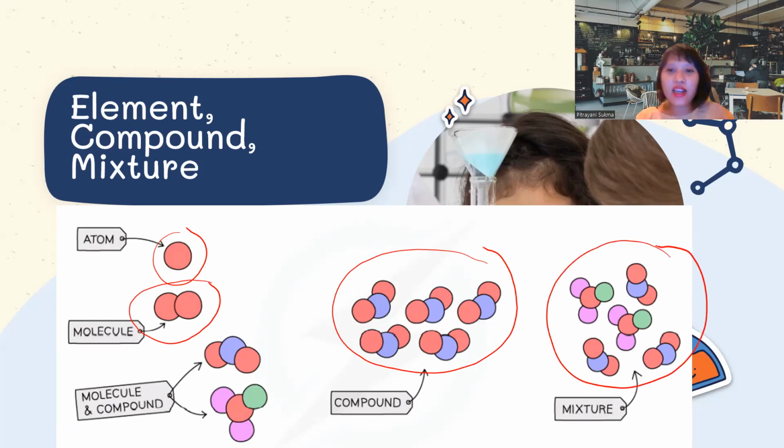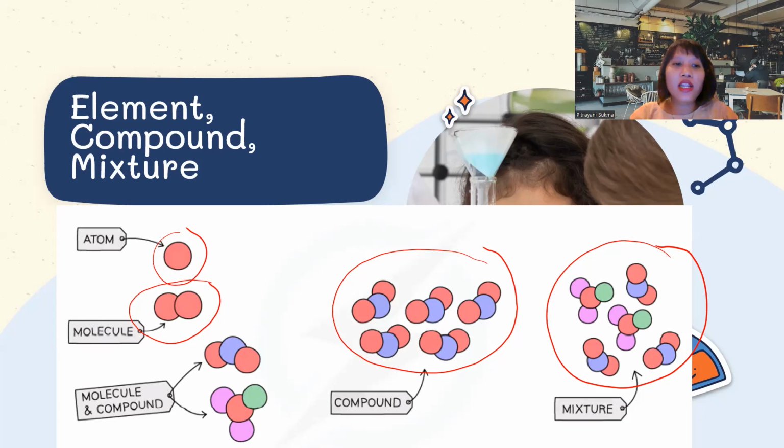From this figure, I hope you can understand, but I will explain. An atom contains one element, so it cannot be split into anything simpler.